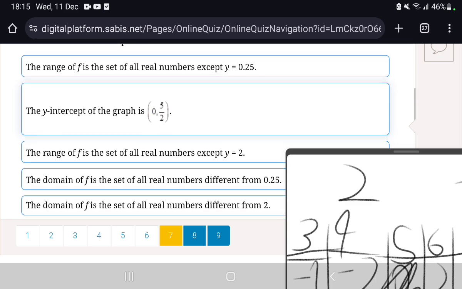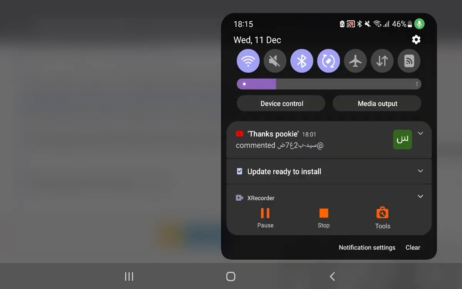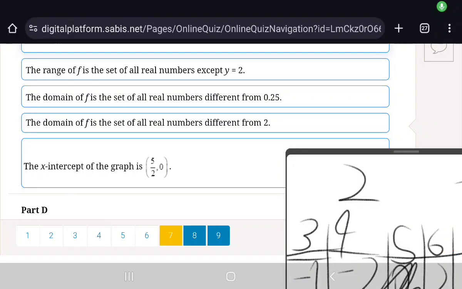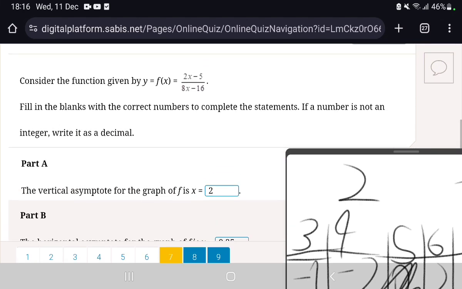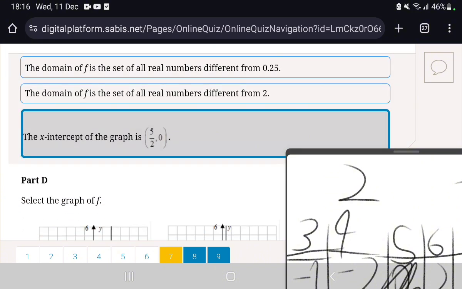To find out the x-intercept, we substitute y by 0 and we get that it will be 5 over 2. So what's this?